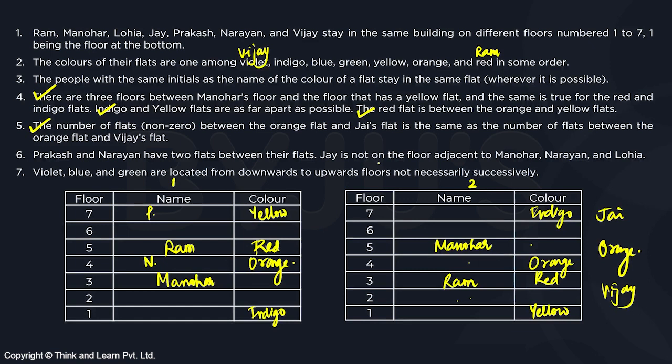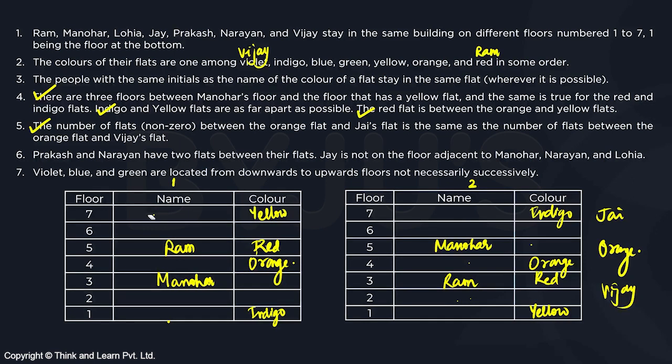When this happens, Jay is not on the floor adjacent to Manohar, Narayan and Lohia. So Jay cannot be here. And suppose I say Lohia is here, so Jay is going to be only at this place. What if I say Lohia is here? So Jay is going to be at this place. So this is also possible, right?